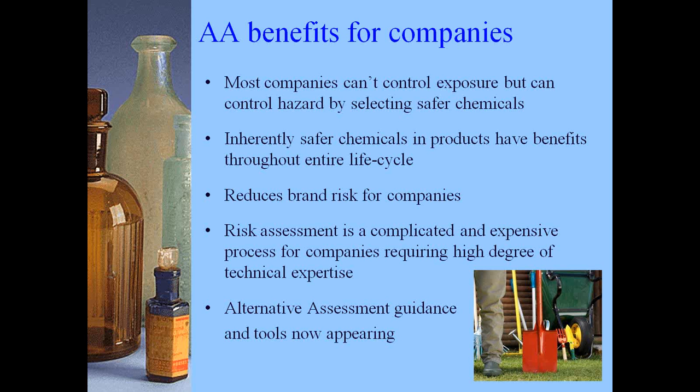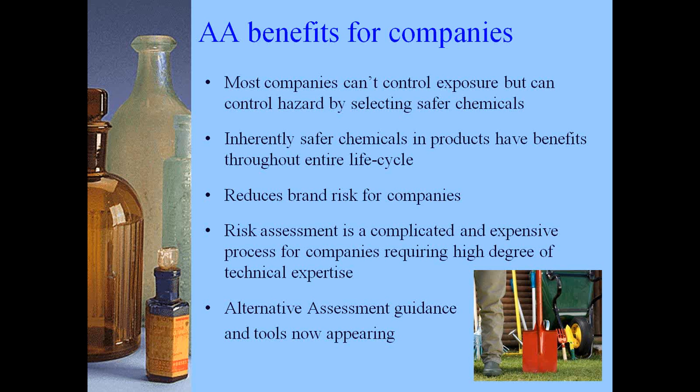It's quite often made on a lot of assumptions, and experience has shown that we either don't include all possible exposure routes, or some of our assumptions turn out to be more inaccurate than we would like. So if you can emphasize hazard and select safer chemicals, then using those in products has benefits not only during use, but also throughout the full life cycle of the product.